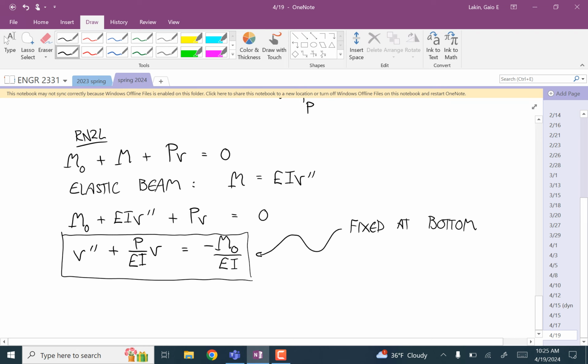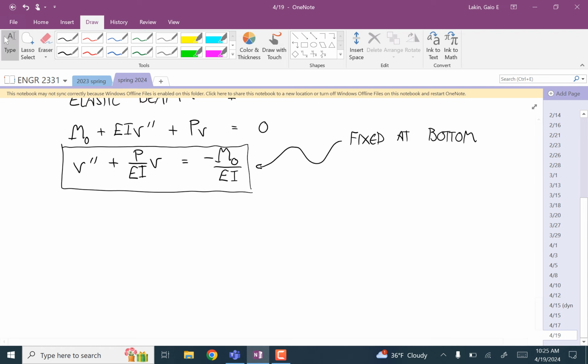And now here is an important little fundamental fact about ordinary differential equations, okay? We're going to call this the particular equation.